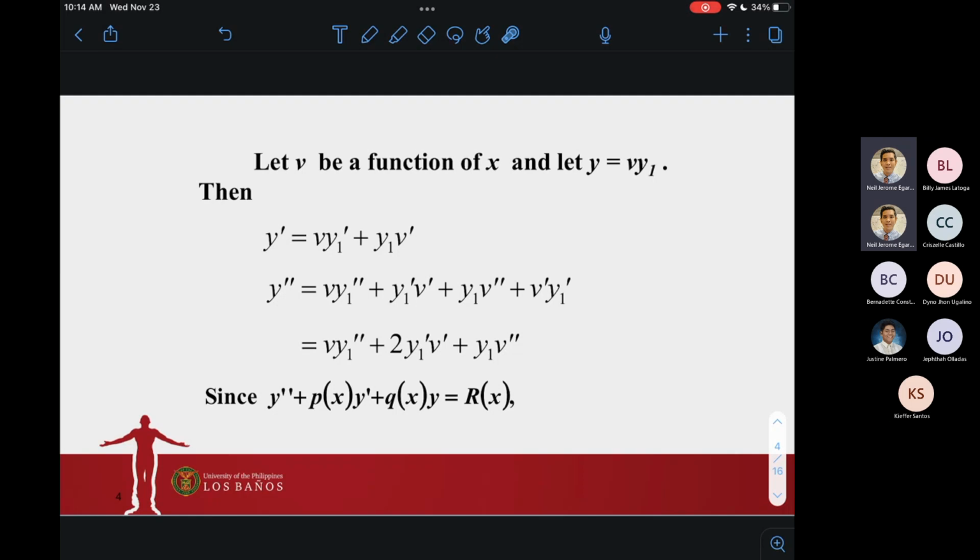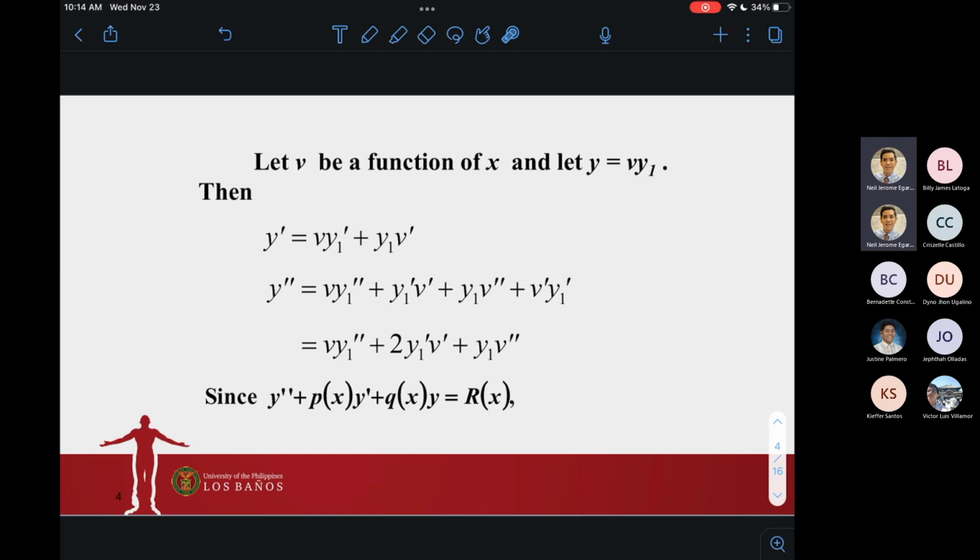This is my guess for the form, or the template. And I'm praying that there really is a particular solution to the non-homogeneous GLDE of the form function v times function y1. So that's my hope. Now, what if it's true that there is a particular solution of the form v times y sub 1?